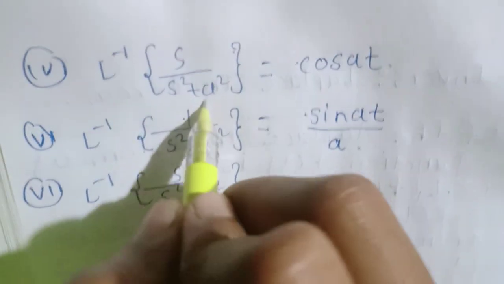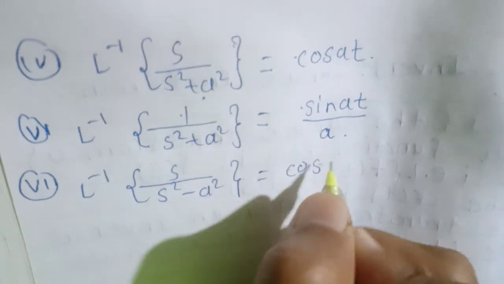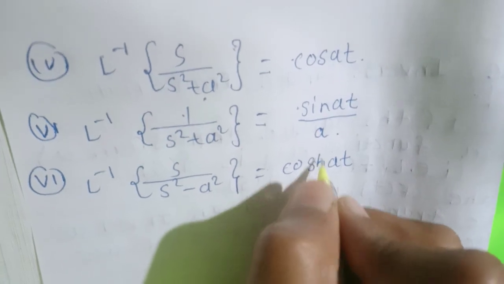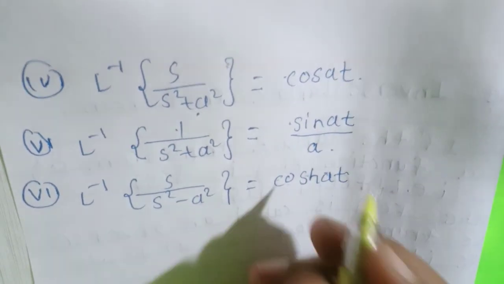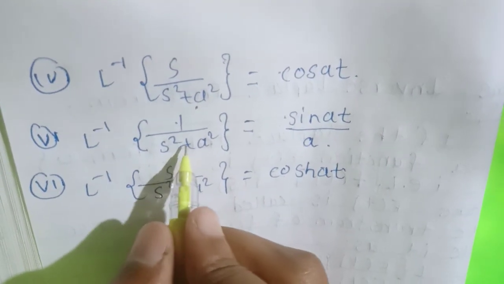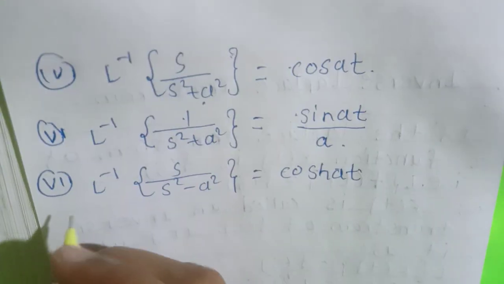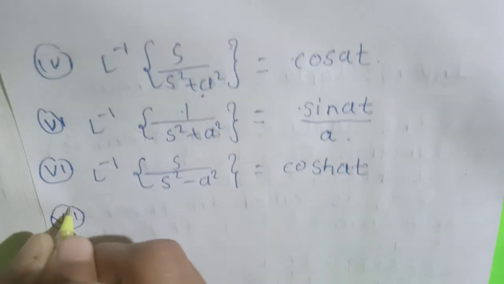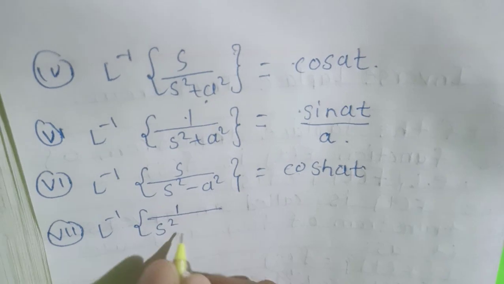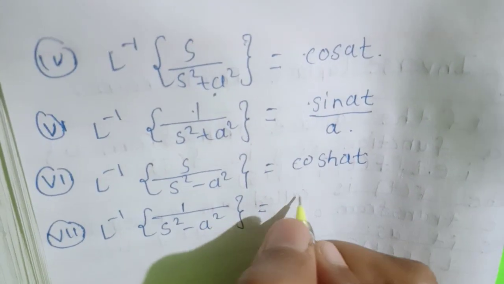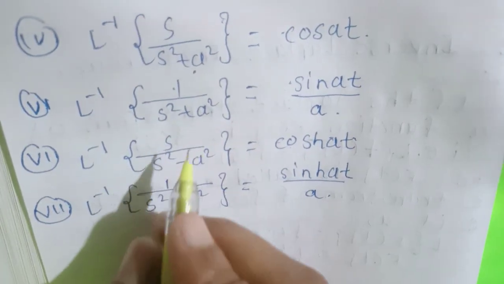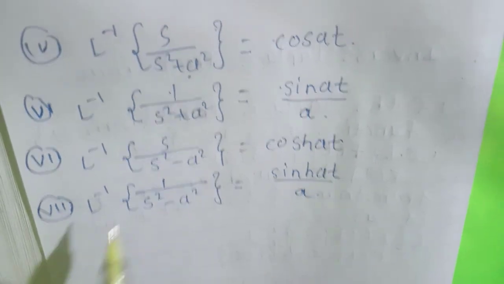Only the sign changes here. This is hyperbolic cos of at. In hyperbolic functions, only the sign is negative. Then the seventh formula: the inverse Laplace transform of 1 upon s square minus a square is sine hyperbolic at divided by a. These are all the formulas of inverse Laplace transform.